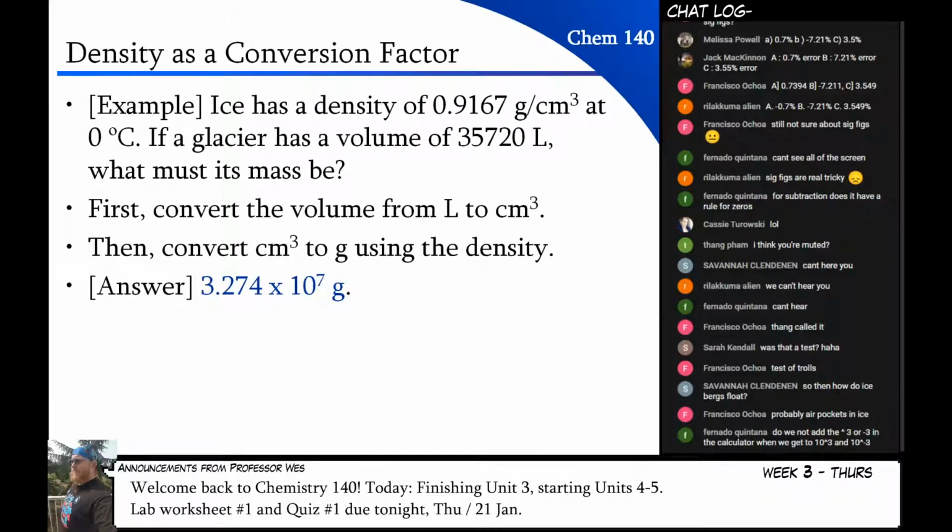Because you do have to add those numbers into the calculator. So what I can do... Let's see if this works. Yeah, there we go.